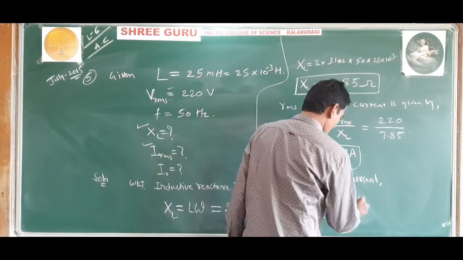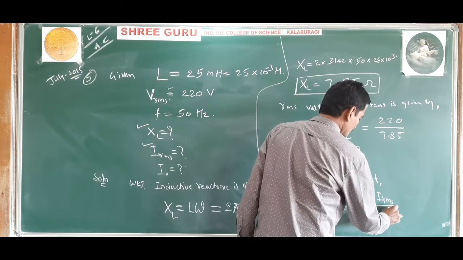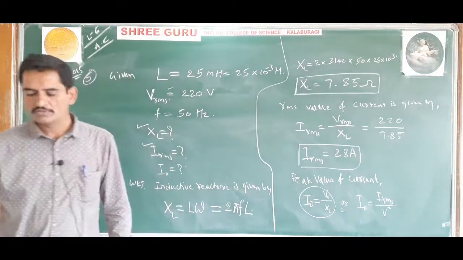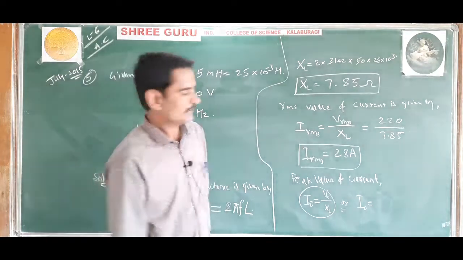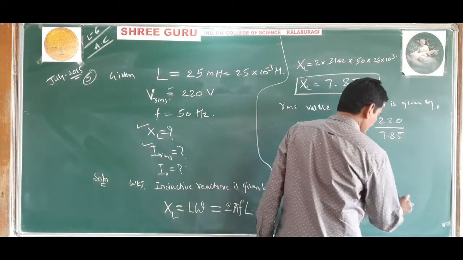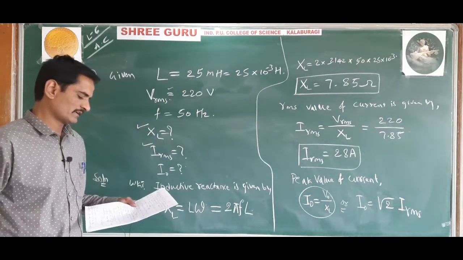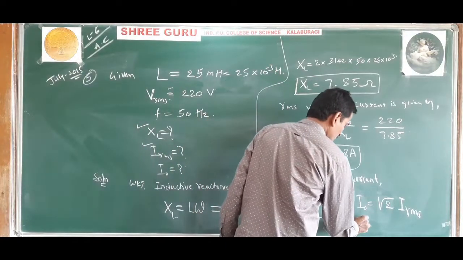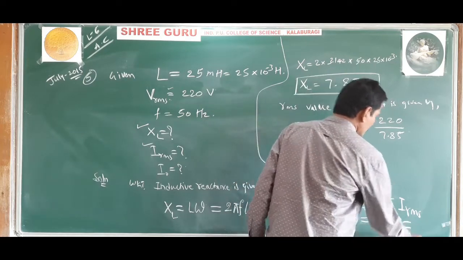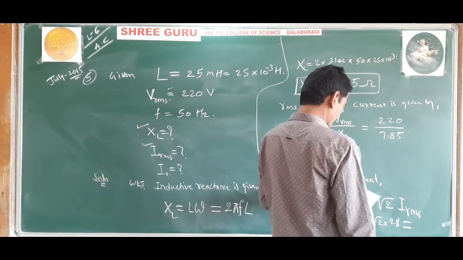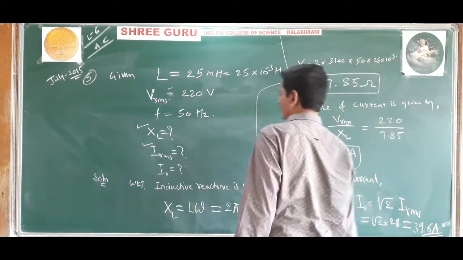I0 is equal to root 2 into IRMS. So substitute the values: root 2 into 28, and you get the answer as 39.6 ampere.